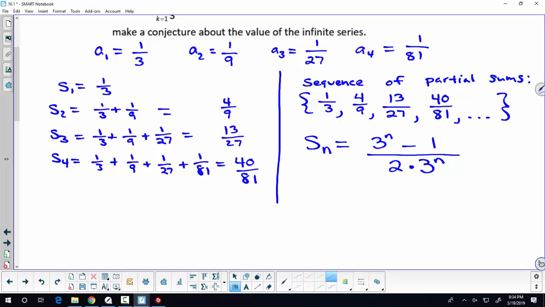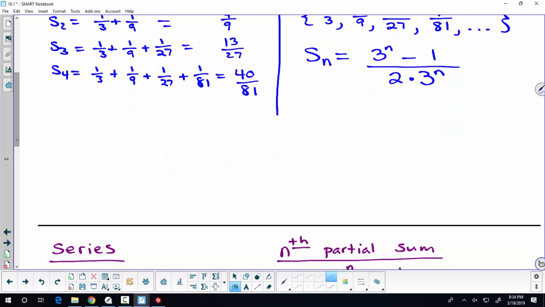Partial sum. So to make a conjecture about the series, the infinite series is equivalent to the limit of the nth partial sum. So the sum from 1 to infinity of 1 over 3 to the k is the limit of our nth partial sum.